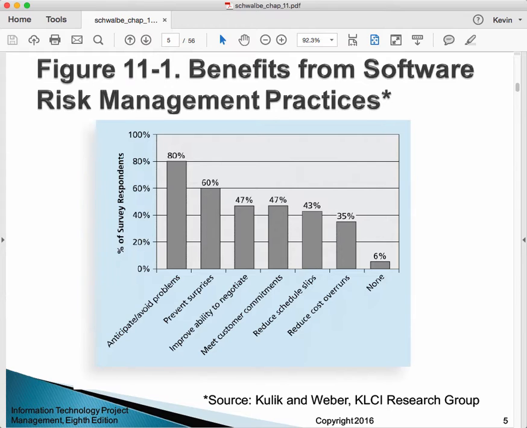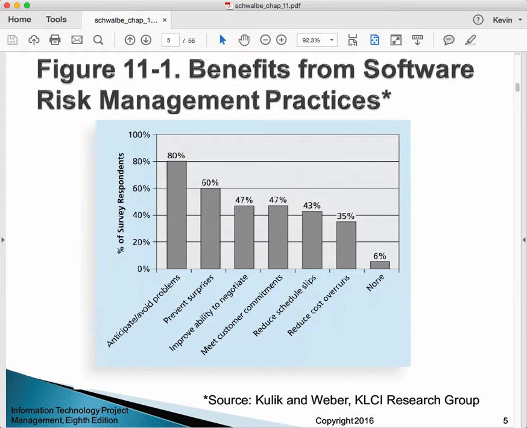In order of how often they were identified, the highest was anticipate and avoid problems. Next, prevent surprises. Next, improved ability to negotiate.